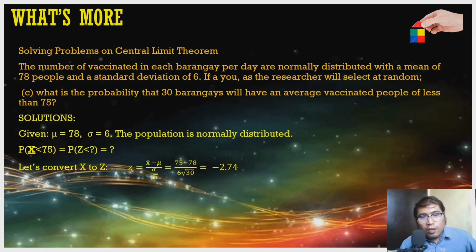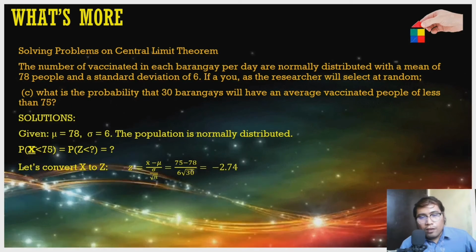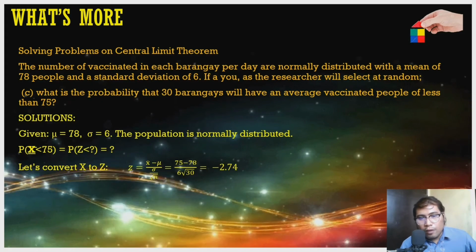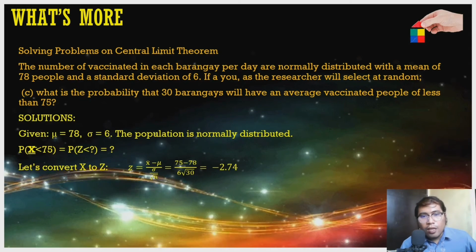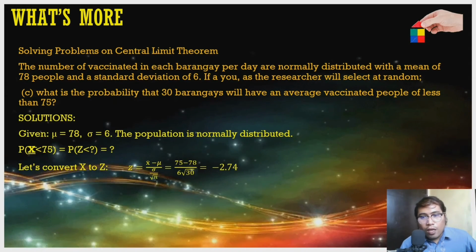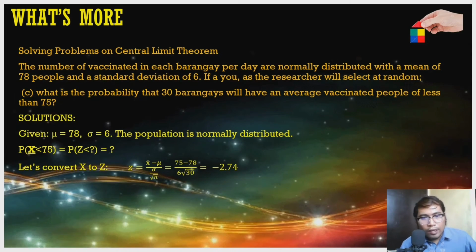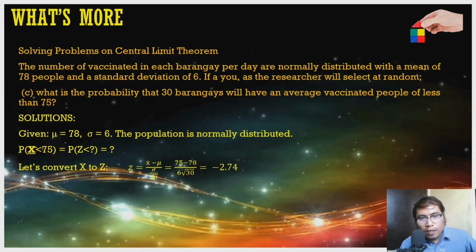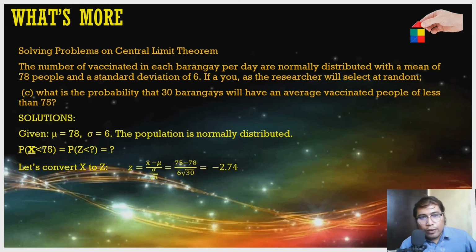So z is equal to, now we are going to use the second formula, or the new and modified formula, specifically if we are going to get a sample size from the population. It becomes x bar minus mu over sigma over the square root of n.